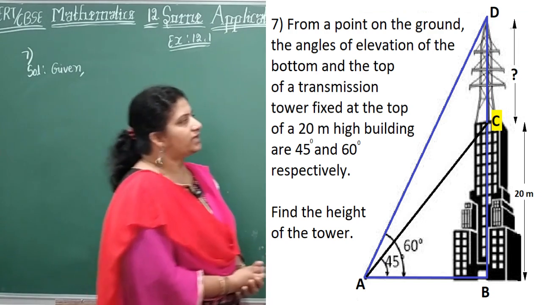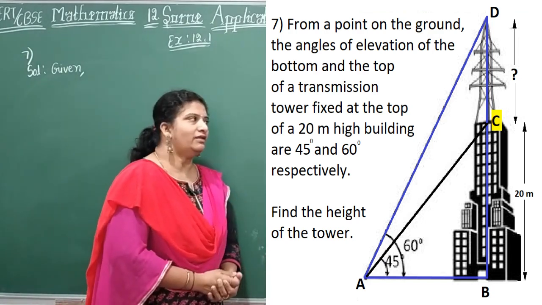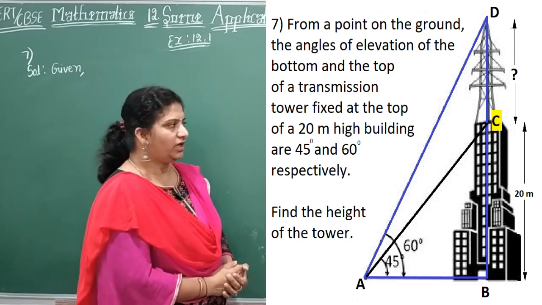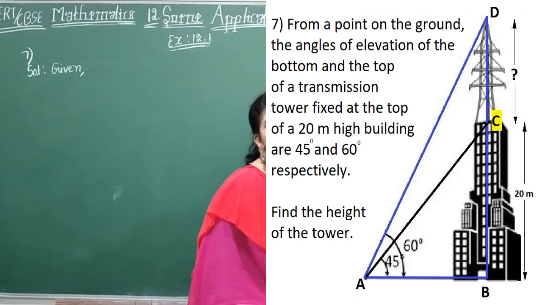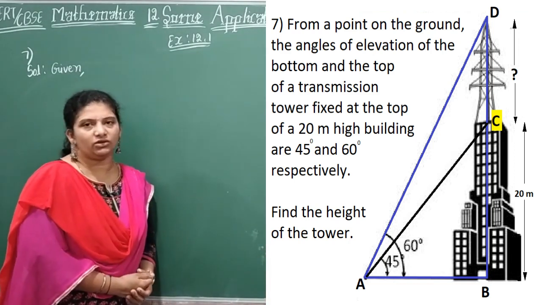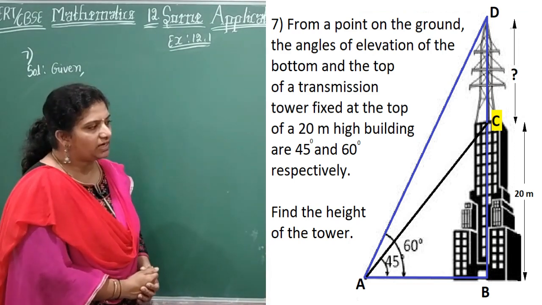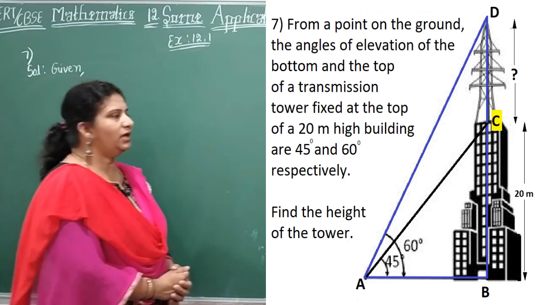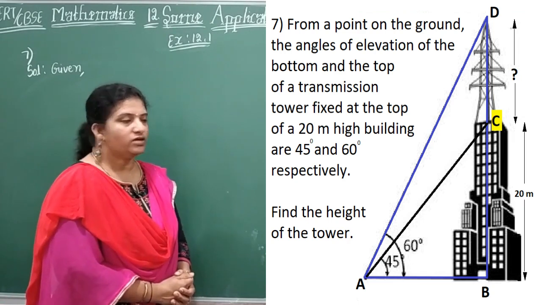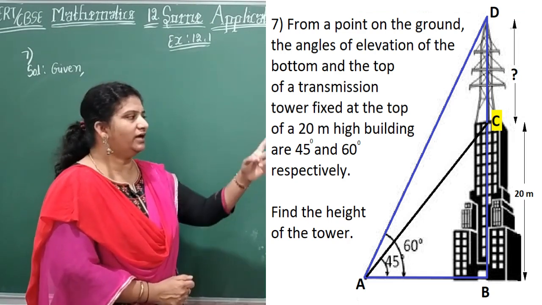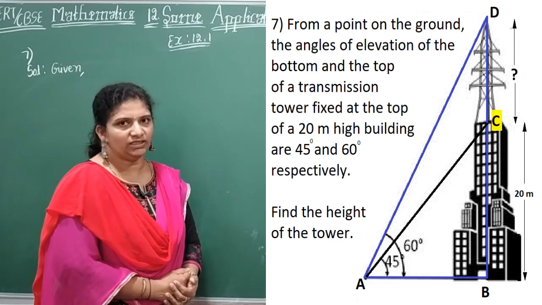Okay, children. So what is the question here? Find the height of the tower. So look here carefully. You need to find only this tower height. So that is CD you need to calculate. What is the building height here, children? They gave building height 20 meters. Okay, so angle of elevation given, they asked you to find height of the transmission tower.